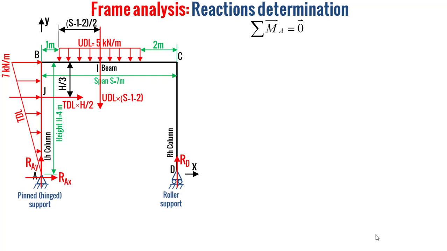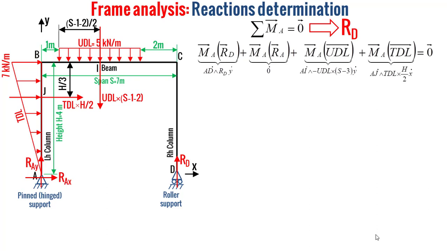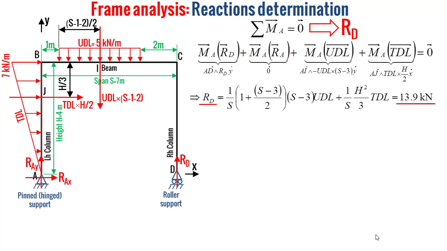Because we have to neutralize RAX and RAY in order to determine RD. Applying this equation, we finally have RD equal to 13.9 kN.